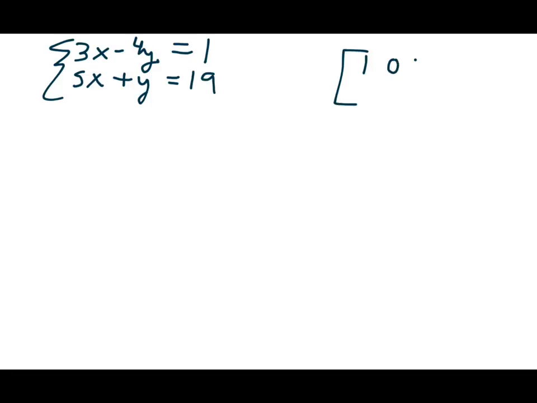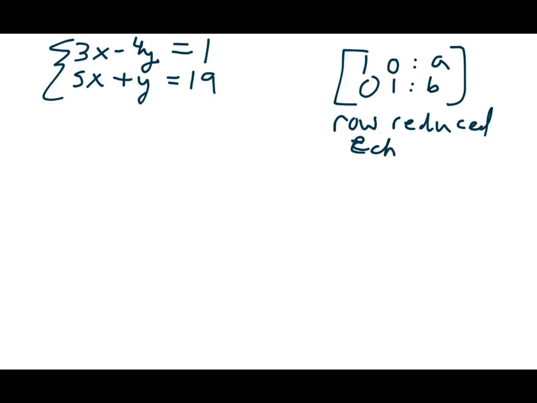Let's say we have 3x minus 4y equals 1, and 5x plus 2y equals 19. What we're shooting for is we're trying to get to this form right here. What this is called is row reduced echelon form.